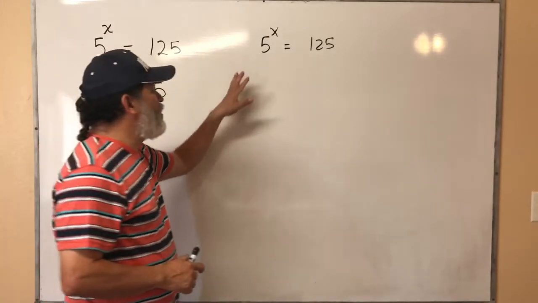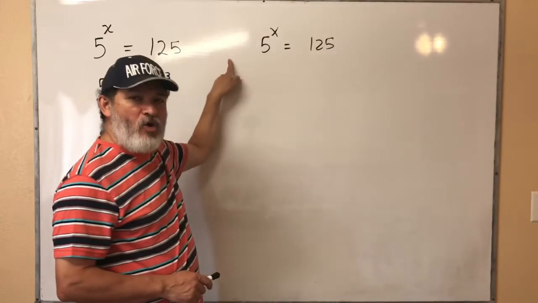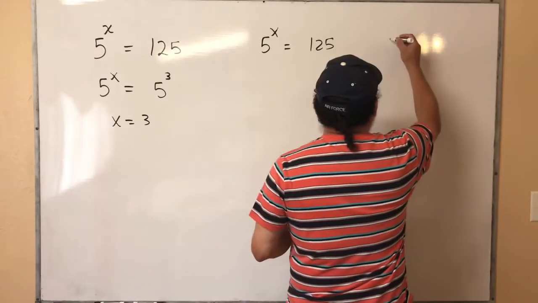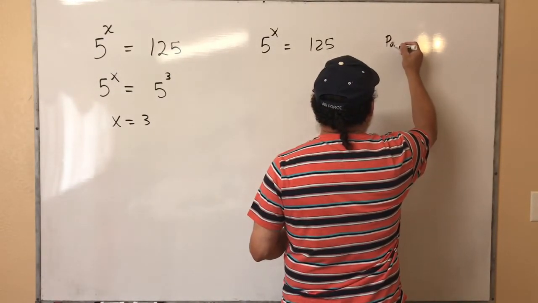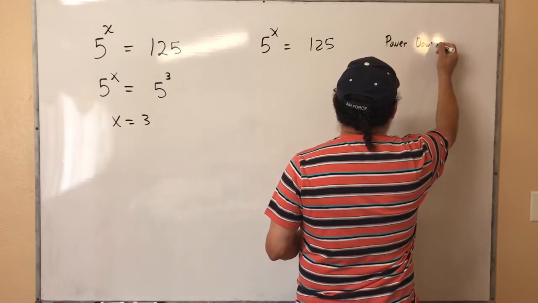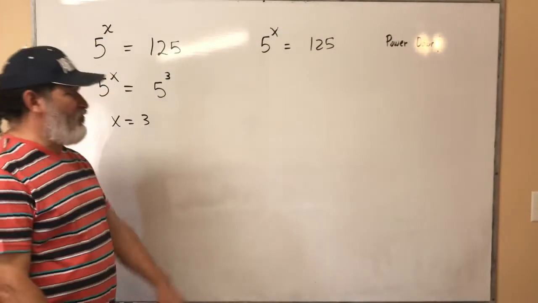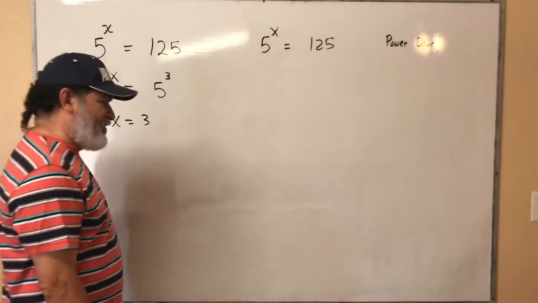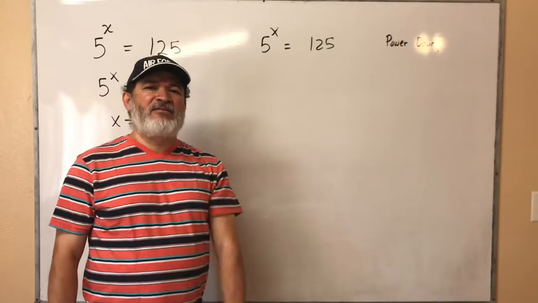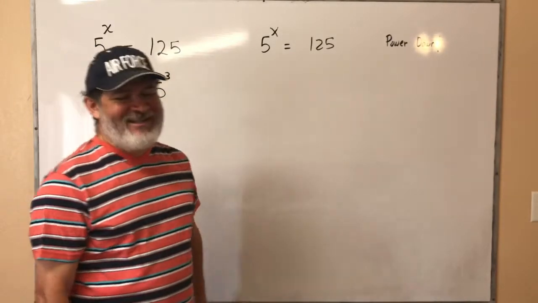Well, look, to solve this, the power must come down. Gotta bring it down if you're gonna solve. The way to bring it down is by taking the log of both sides. Let's take the log of both sides. Which log? It's up to you.